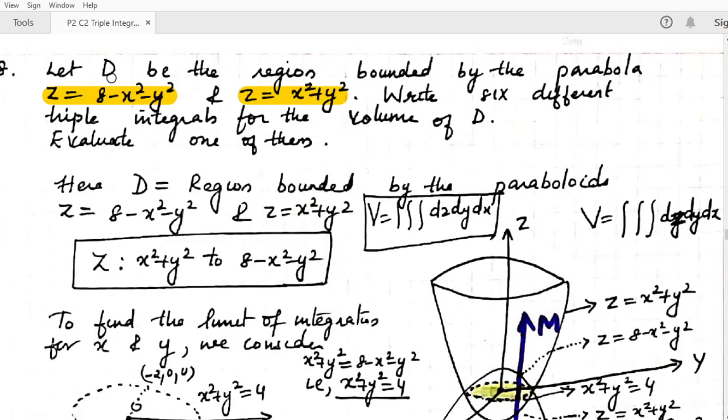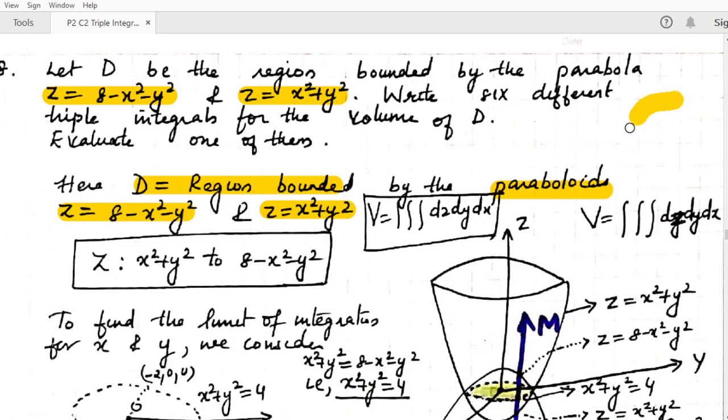So it is mentioned that D is the region bounded by the paraboloids z is equal to 8 minus x square minus y square and z is equal to x square plus y square. We know what a paraboloid is. A paraboloid means the three-dimensional version of a parabola.